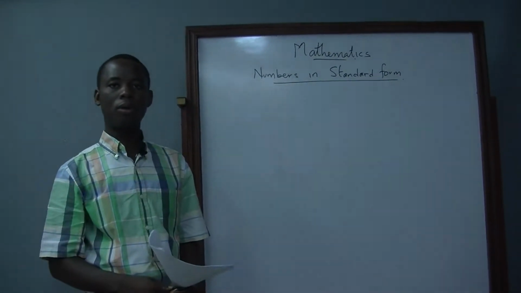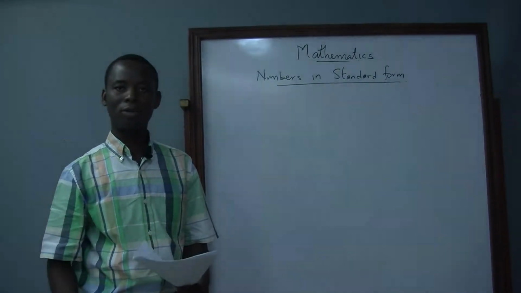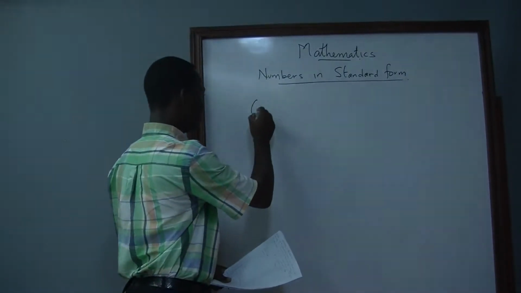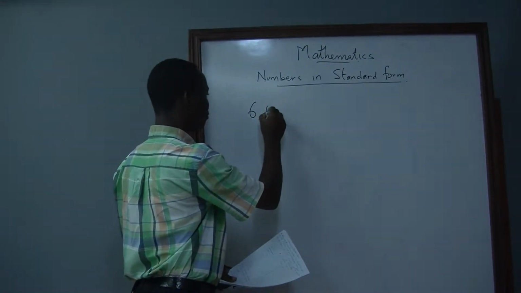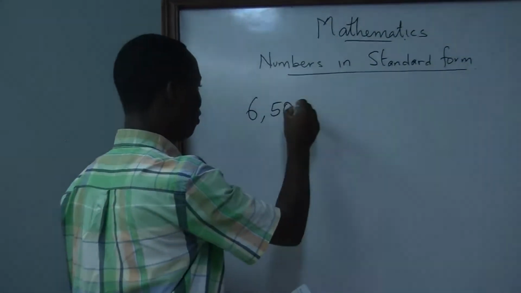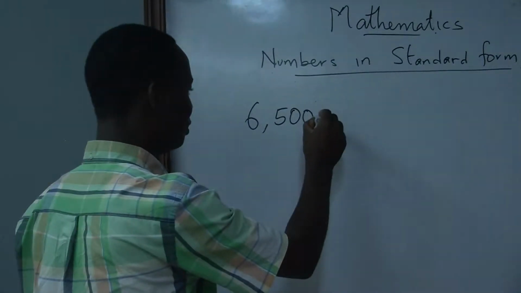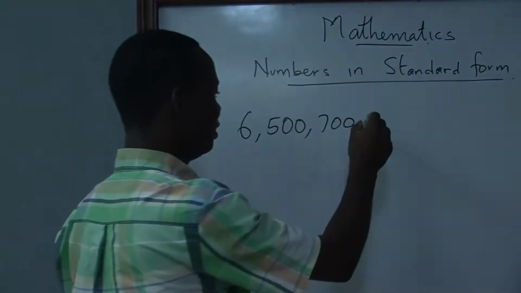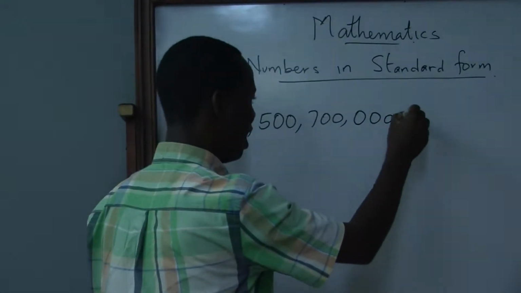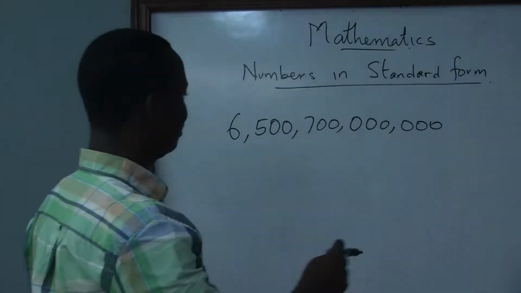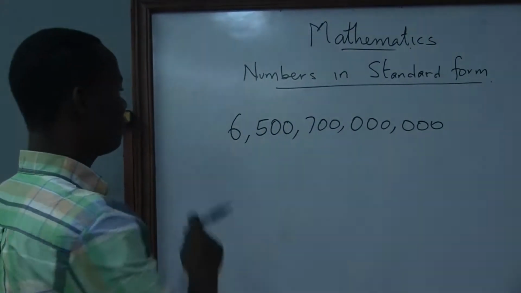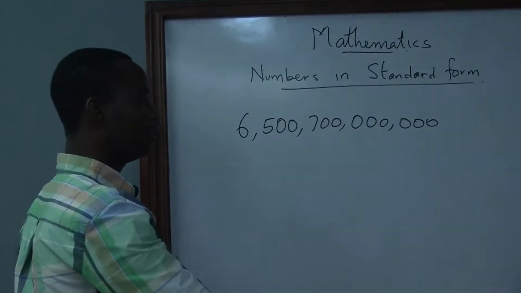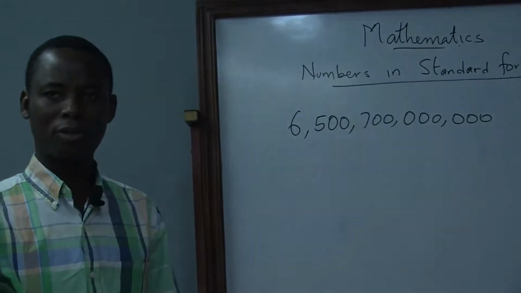For example, if I say the budget of Nigeria for this year is 6,500,700,000,000, and I have this, 6,500,000,700,000,000, writing this is cumbersome.